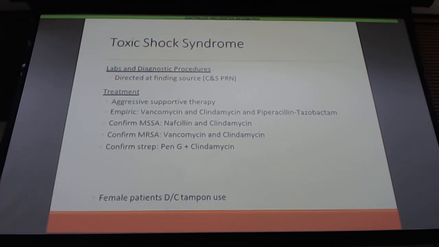If they do want to use pessaries or anything like that, tell them they can use them, but as soon as you're done, you have to take it out. It changes the pH and the balance inside the canal, which allows some of the bad stuff to overgrow if it's left in for longer periods of time. That's what we don't want, because that may, again, lead to toxic shock syndrome.